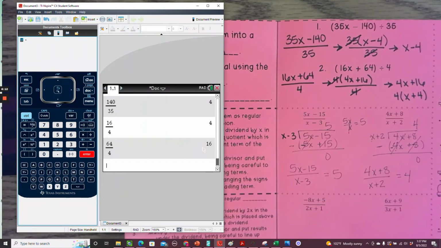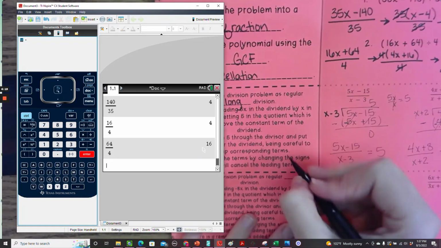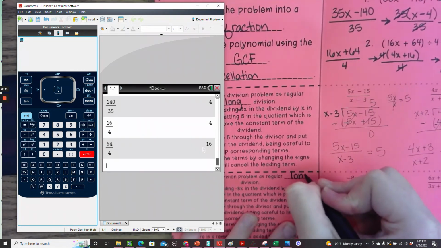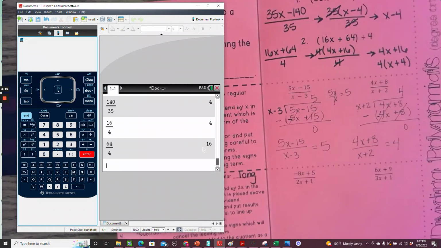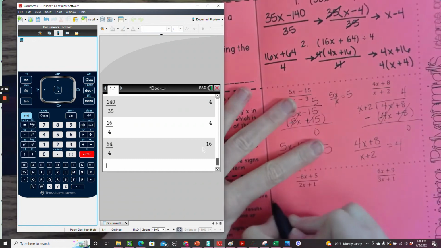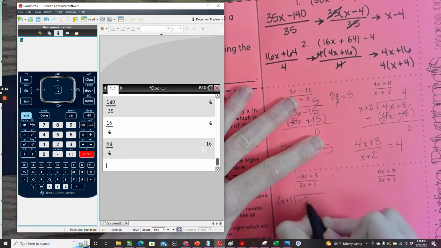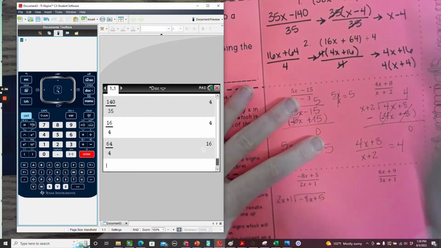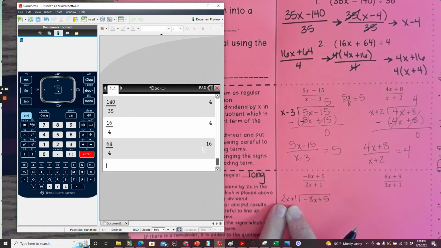Now we're going to do remainders. Hang with me, guys. We're still going to use regular long division, but this time we're going to have a remainder. All right, here we go. Top in, bottom out. 2x times what gives me a negative 8x?